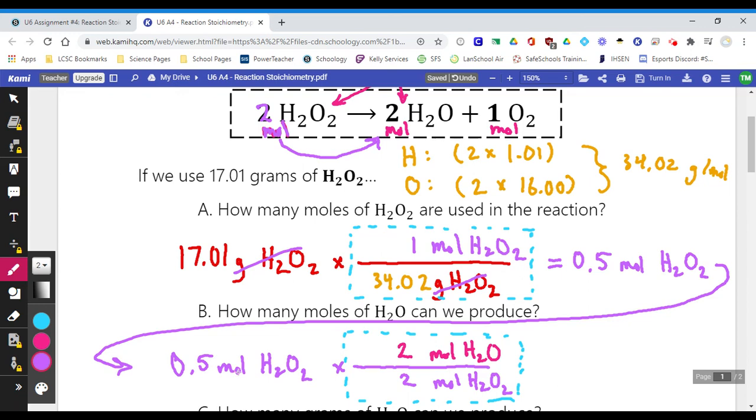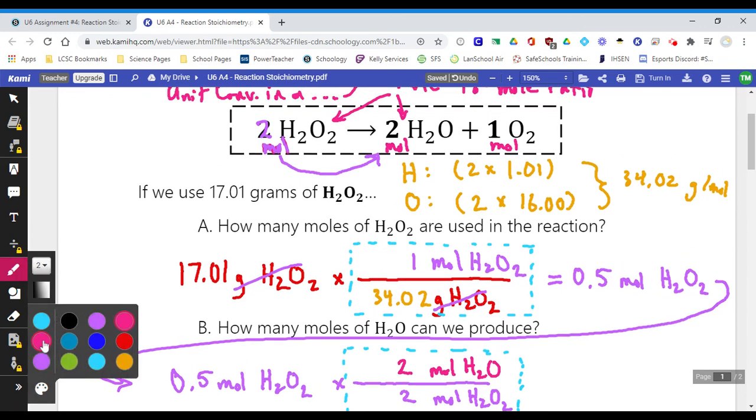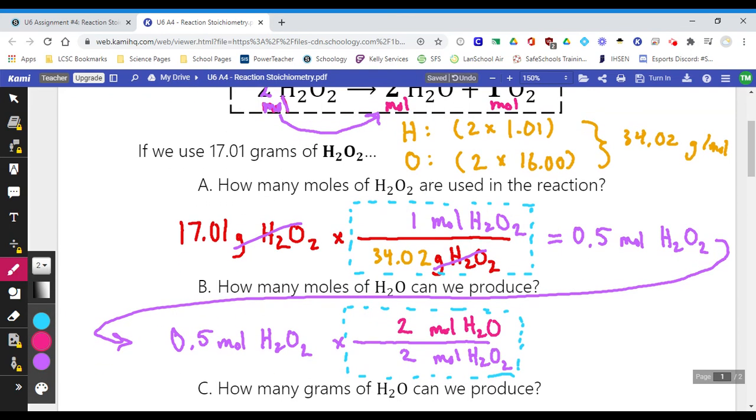I have a half a mole of H2O2. So this conversion factor is what we use to figure out exactly how many moles of a different chemical we have. If I take 0.5 moles of H2O2 divided by 2 moles of H2O2 that I'm using up in my reaction, my moles units cancel, and multiply by moles of H2O, I should wind up with an answer in moles of H2O.